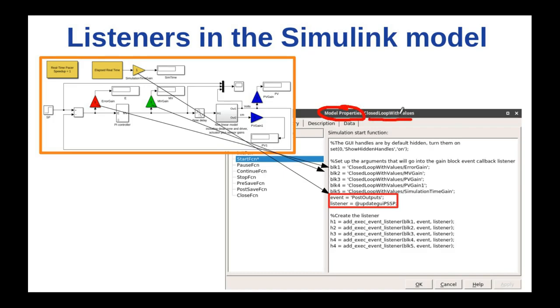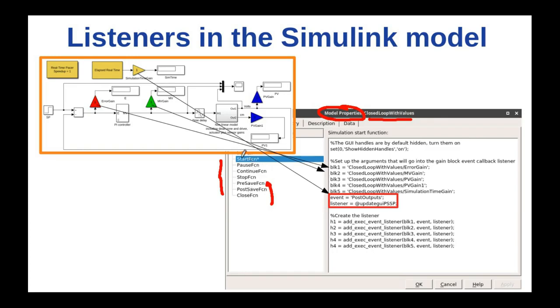Here we have the name of the model, and then we go to the model properties menu, and here we have all the callbacks. This is the list of all the callbacks that a Simulink model runs on every execution.